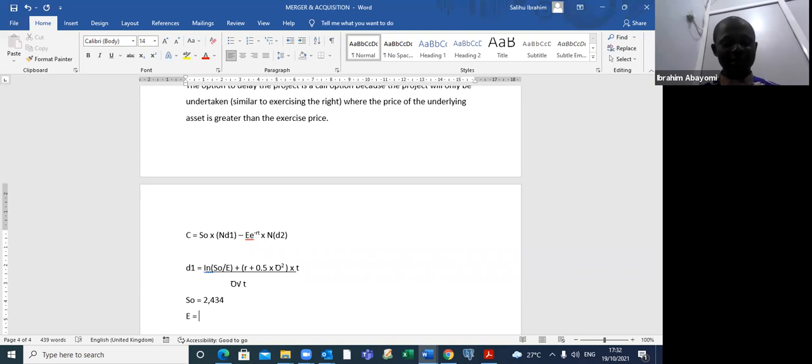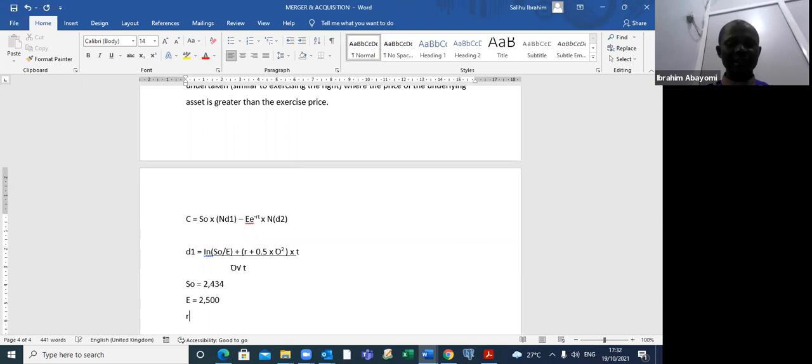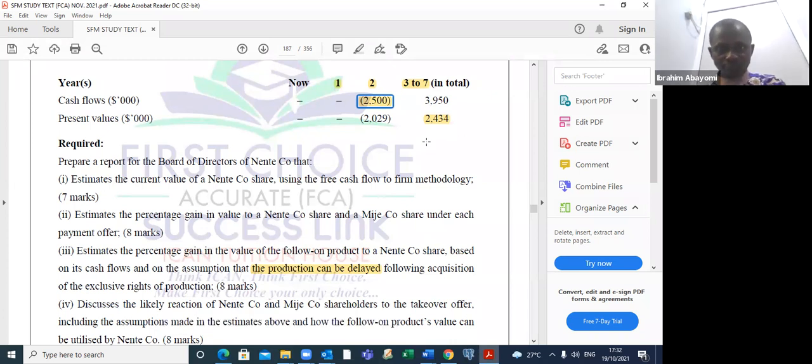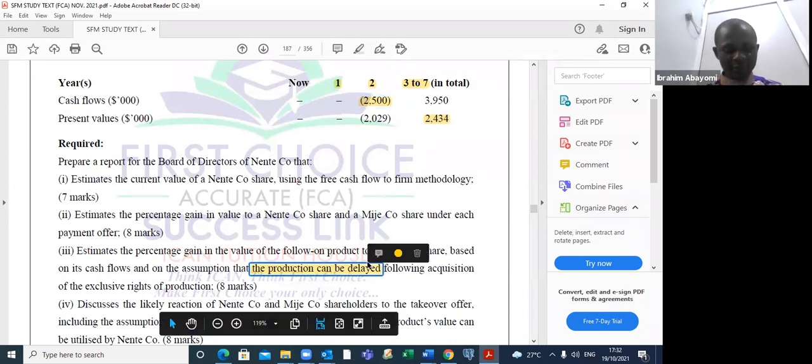That is the exercise price, and that is 2,500. What is my risk-free rate? My risk-free rate is given in the question. Where do you have the risk-free rate?